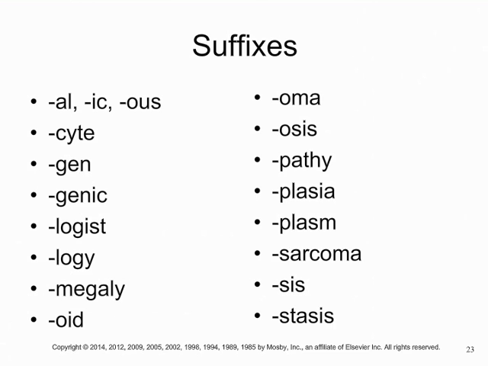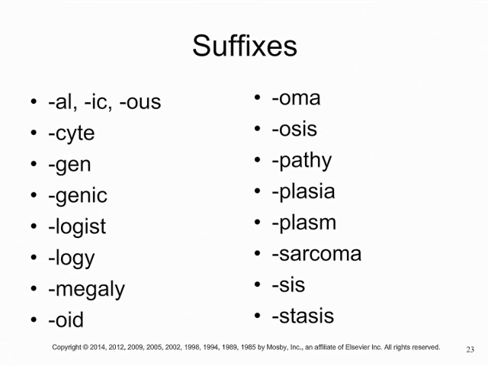Osis is a general term meaning an abnormal condition. So if there's something wrong or you're noticing something abnormal about the skin, for example, you might have osis. Pathy is the generic suffix for a disease. Plasia means growth or development.